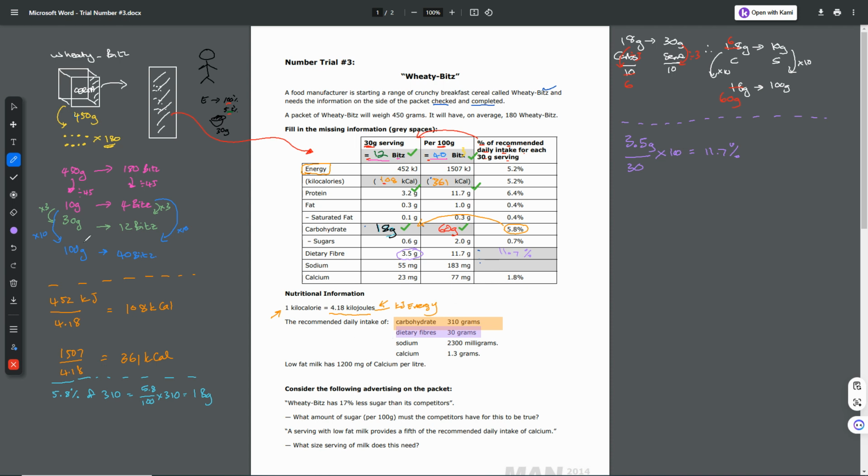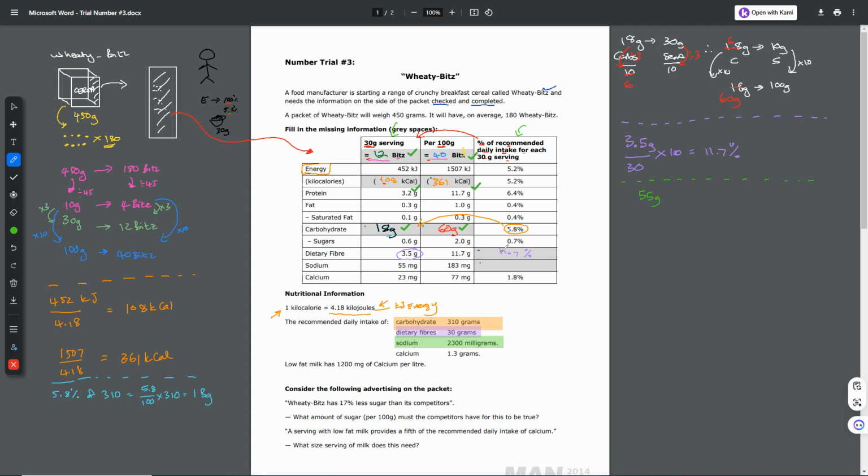The next thing is sodium. So we are told sodium over here looks like that. And so sodium is given as 2,300 milligrams. 55 milligrams. Because remember, this whole column is only related to this.